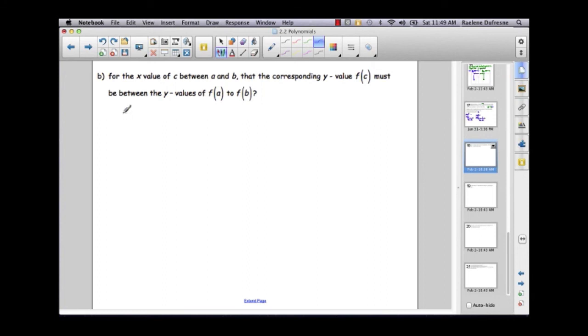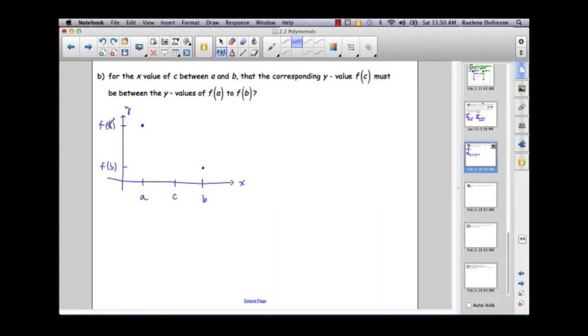Now we want to ask, does the intermediate value theorem state that for the x value of c between a and b, that the corresponding y value must be between the y values of f of a and f of b? Well, let's draw a picture to understand this a little bit better. We have x equals a and x equals b, and c is somewhere in between, and let's say that this is f of b and this is f of a, so that when x is a we have the ordered pair here, and when x is b we have the ordered pair here.